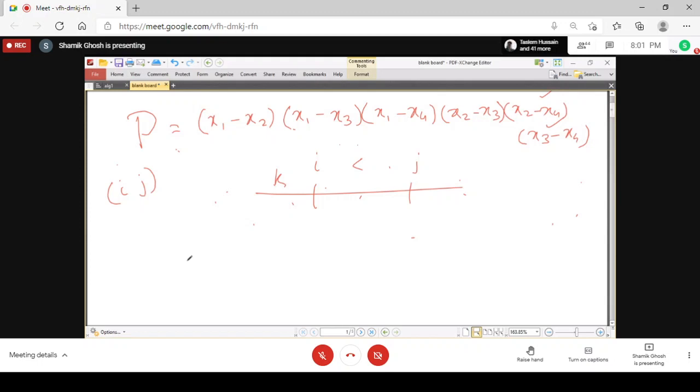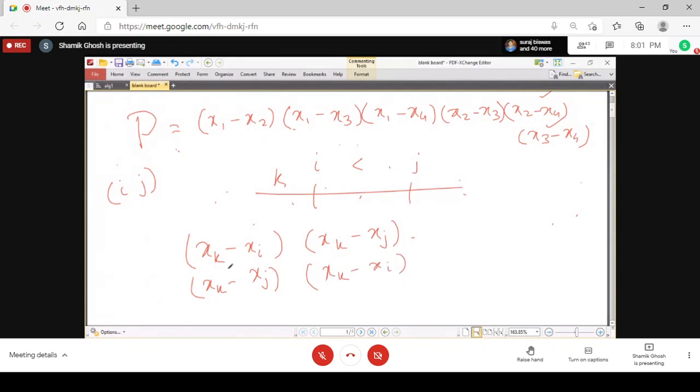In the original expression, there was a term xk minus xi, and since k is less than j, there was a term xk minus xj. Under the transposition of ij, xi will change to xj, so it will change to xk minus xj, and xj will change to xi, so it will change to xk minus xi.